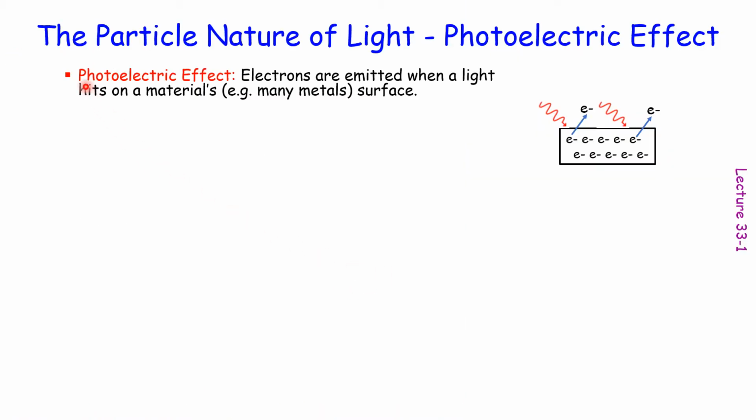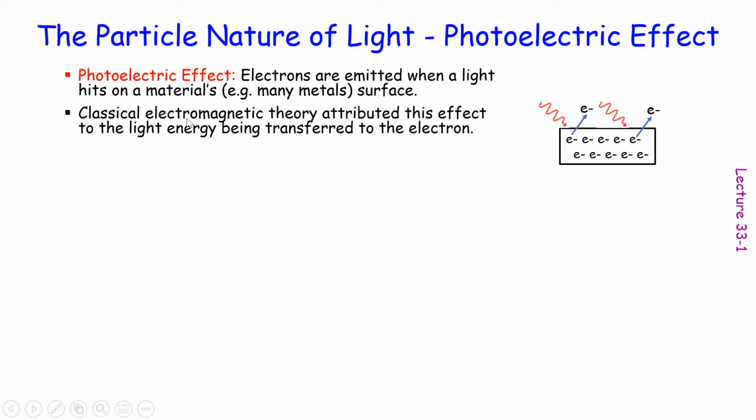First, let's go over the photoelectric effect. When light hits the surface of a material, for example, metals, electrons are emitted. This phenomenon is called the photoelectric effect.